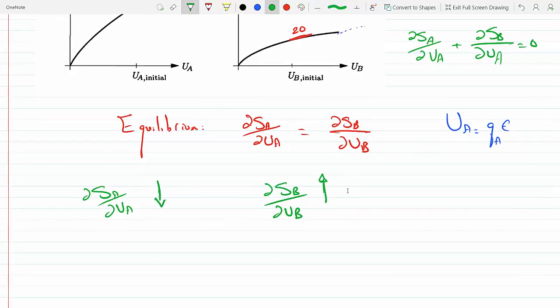It's the change in entropy over a change in energy as the change in energy becomes infinitesimal, while holding the other variable constant. That's what a partial derivative is. Now, if I need to make this less, I need to increase U_A, right? If the denominator gets a lot larger, the whole partial derivative goes down. So this should increase, and subsequently this should decrease.